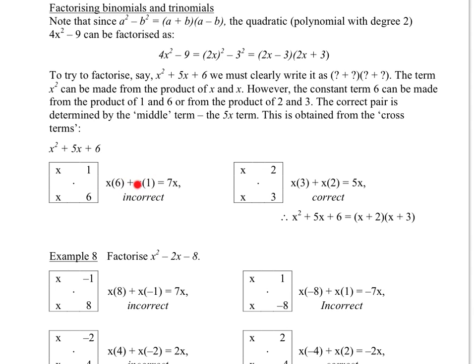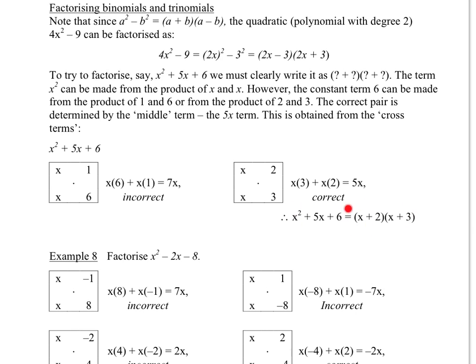Unfortunately, they don't add up to 5x, they add up to 7x, so this thing here is wrong. However, if you try another two numbers that multiply to give 6, try 2 and 3, well, the x times 3 and the x times 2 give us this, and those add up to 5x. So this would be correct.